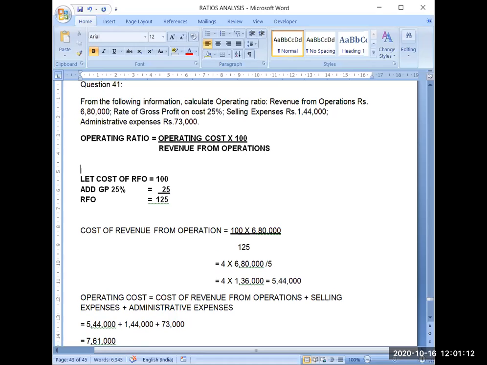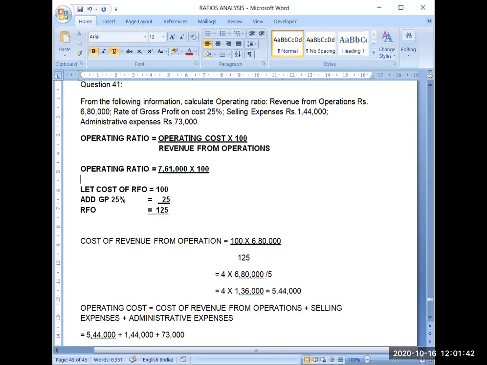So operating ratio is equal to operating cost, 7,61,000, multiplied by 100, and now we will divide it by revenue from operation.